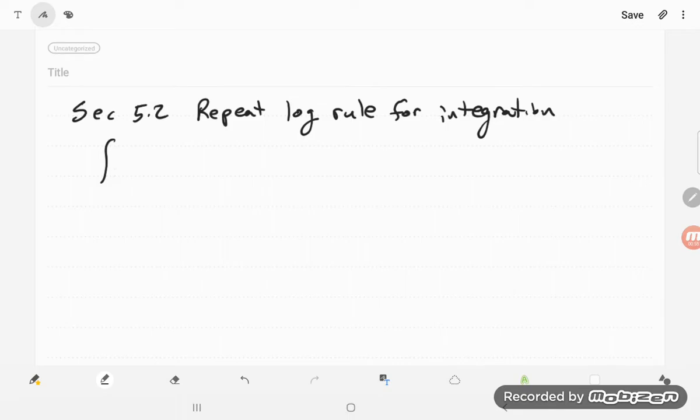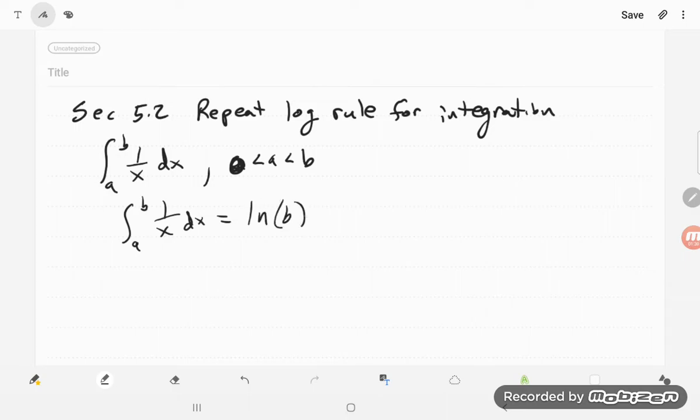Again, if you have something like the integral from a to b of 1 over x dx, and you know that 0 is less than a is less than b, then this definite integral would be just the logarithm of b minus the logarithm of a.